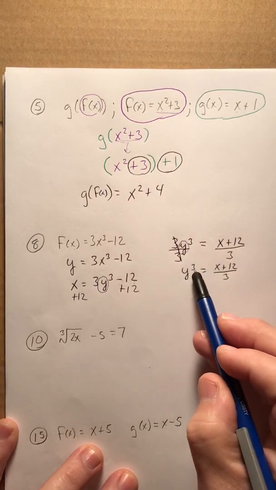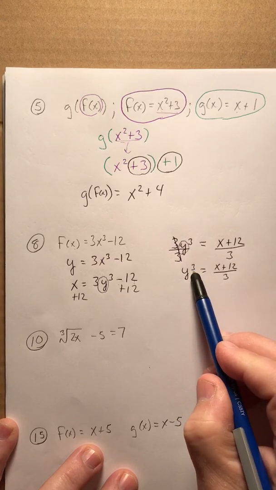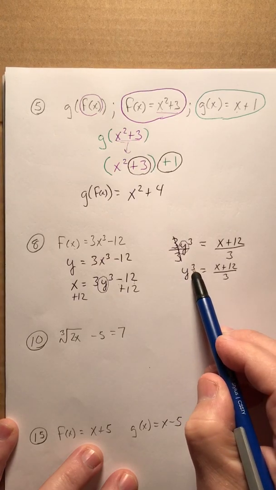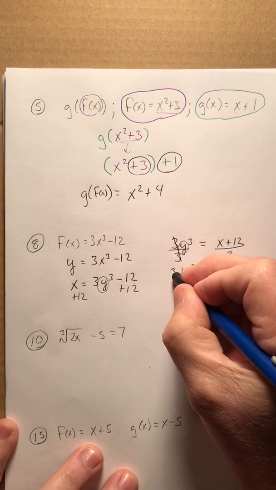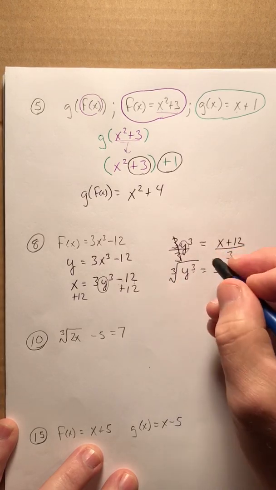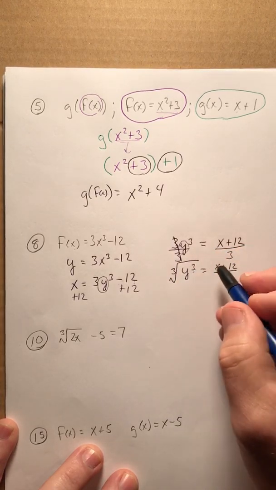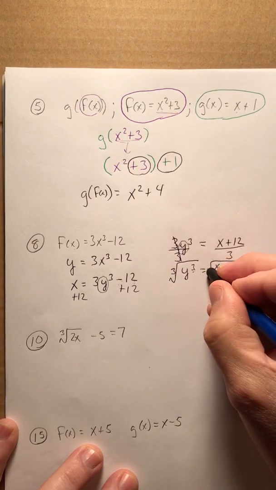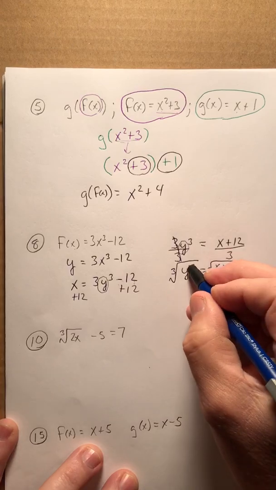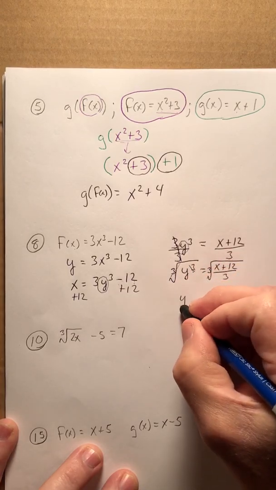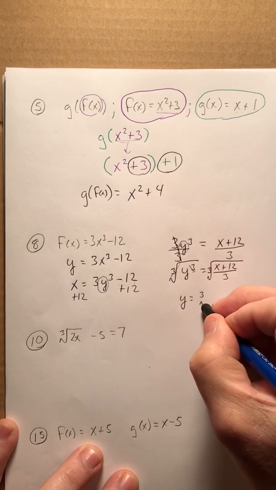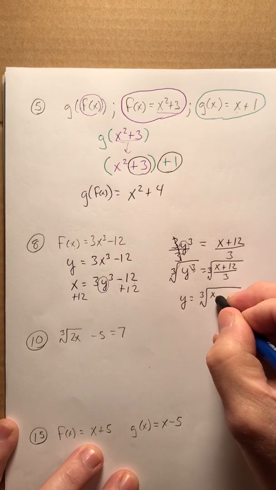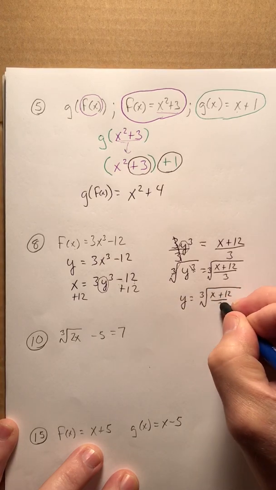All right, and then the last thing we got to do is get rid of this cube. And the inverse or the opposite of cubing something is cube root. So we do the cube root of this side. All right, to get rid of that cube, and whenever we do this side, we have to do the other side. So we do the cube root of this side. So these cancel out, and we're left with y equals the cube root of x plus 12 over 3.